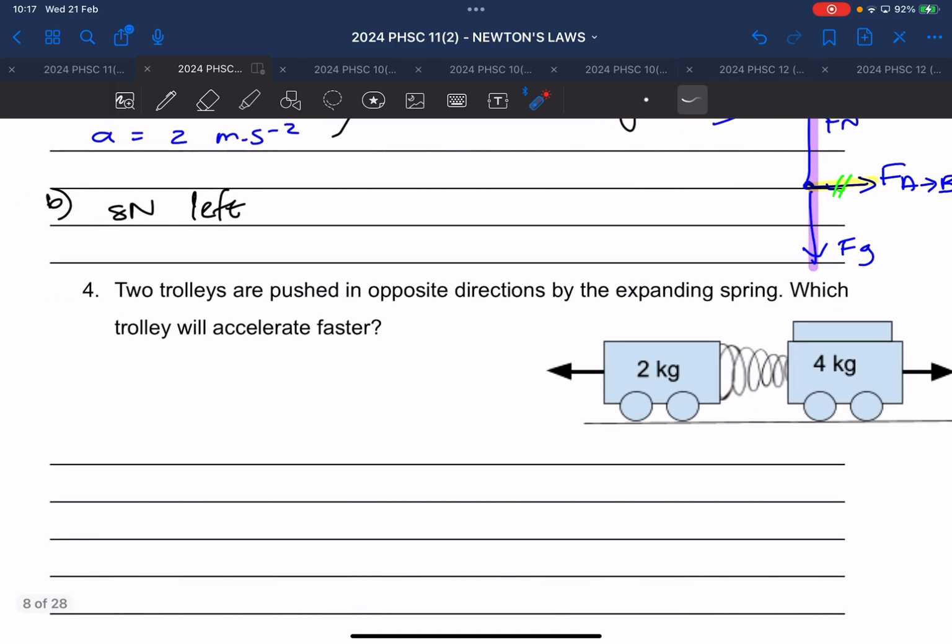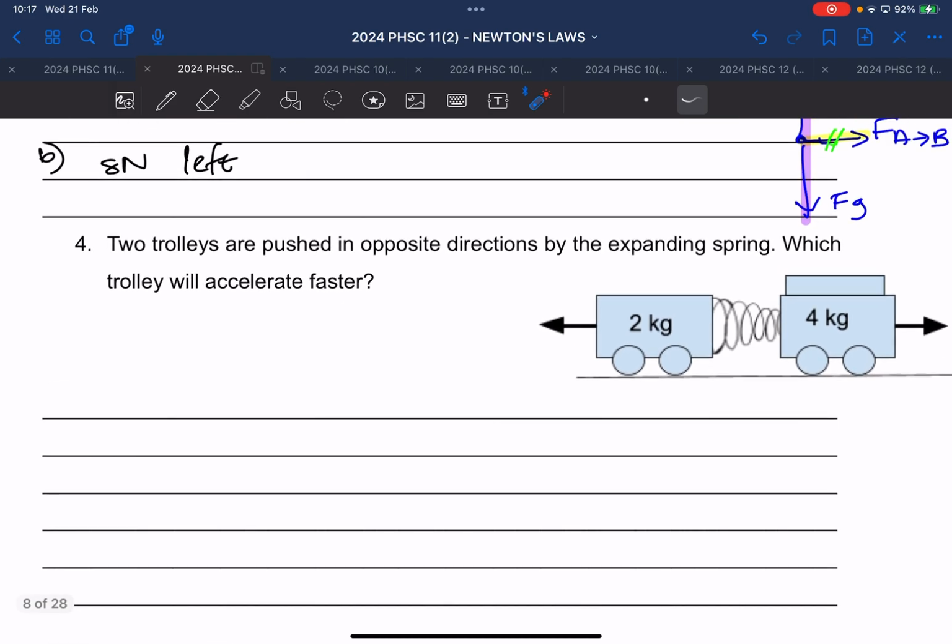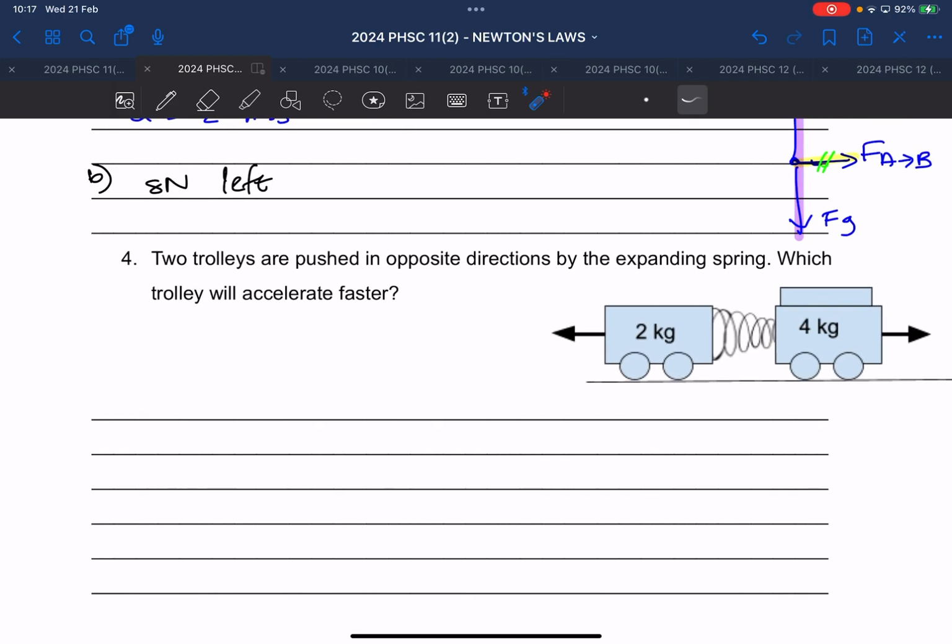Alright. Next question. This question is a good 2-3 marks at the end of a question for theory, or it will be asked as a multiple choice question. They say there: two trolleys are pushed in opposite directions by an expanding spring. Which trolley will accelerate faster?